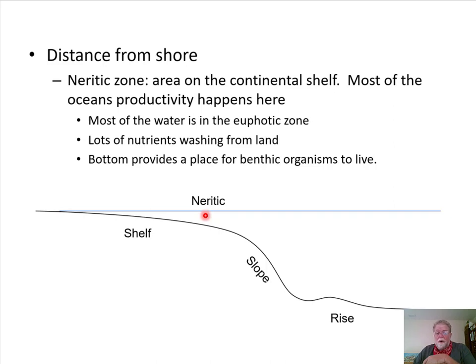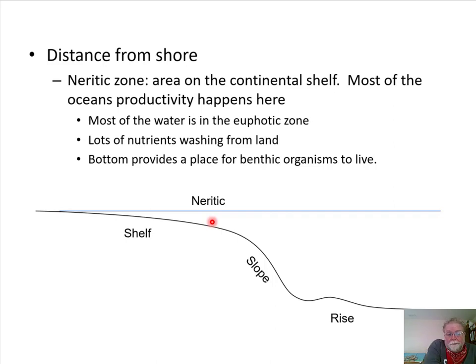The water is shallow, it's warm. It's all in the euphotic zone all the way down. You have a lot of nutrients washing in from land. You can live on the bottom and not be in very, very deep, very, very cold water. And it's deep enough that the waves go right over your head and you don't even know it, right? Even things that live out here come back up in here to have babies all the time, right? That is absolutely where you want to be, in the neritic zone.